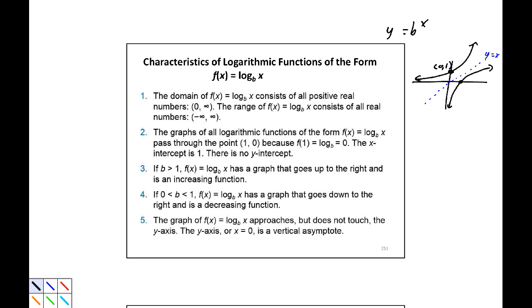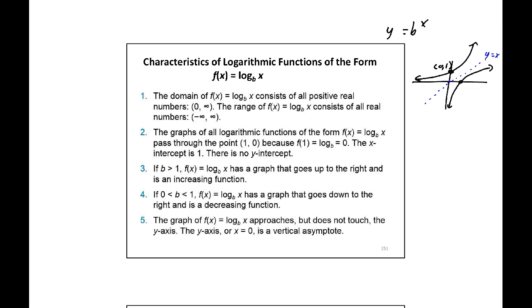It instead has a vertical asymptote. That is the logarithmic function. I have a vertical asymptote at x equals 0, the vertical line x equals 0. It increases to the right when my base is greater than 1, and if the base is between 0 and 1, then it actually decreases to the right.